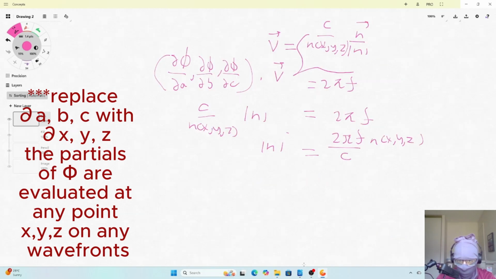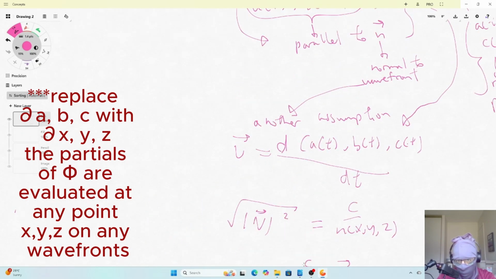The differential equation for phi actually depends on t.